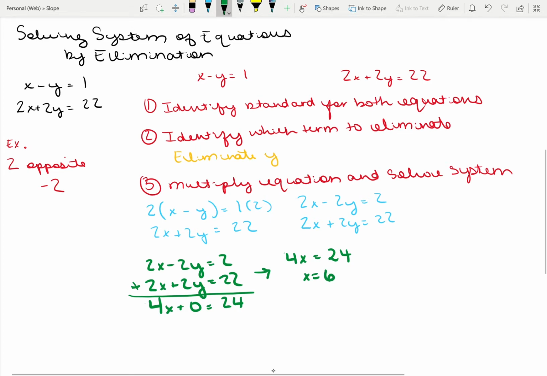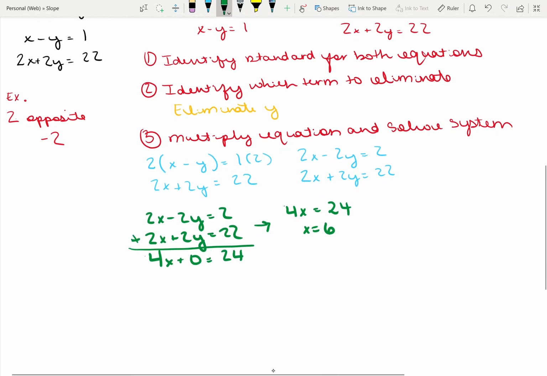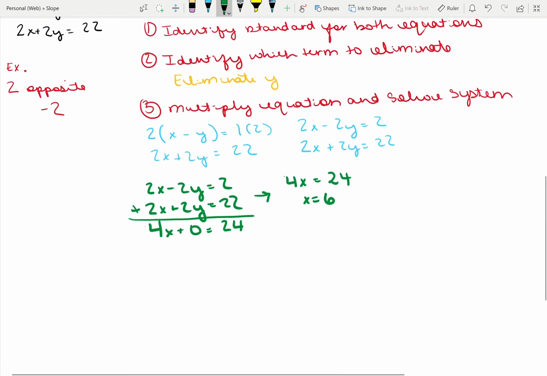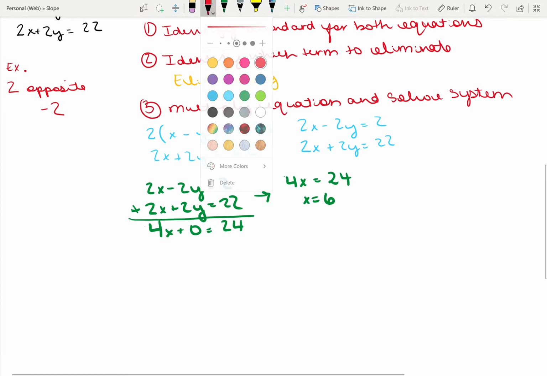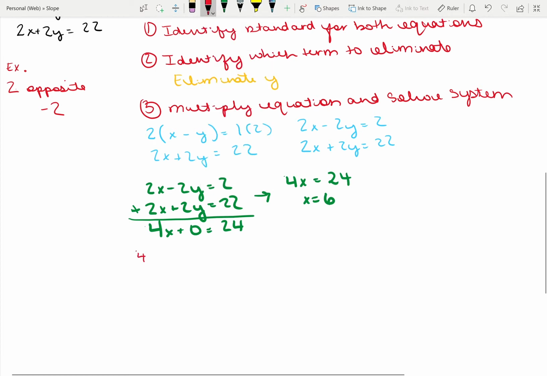Okay, now step 4. Let's scroll the screen up just a little bit. Change my color back to red. Step 4, substitute variable back into one of the equations.